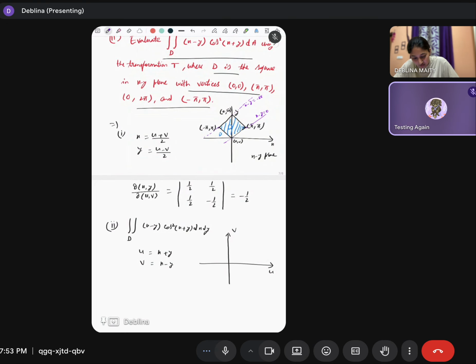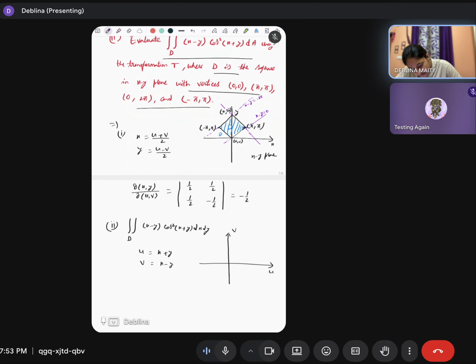Yeah. So for this line, the equation of this line is x plus y equals 2 pi, right? And this line, x plus y equals 0, right?